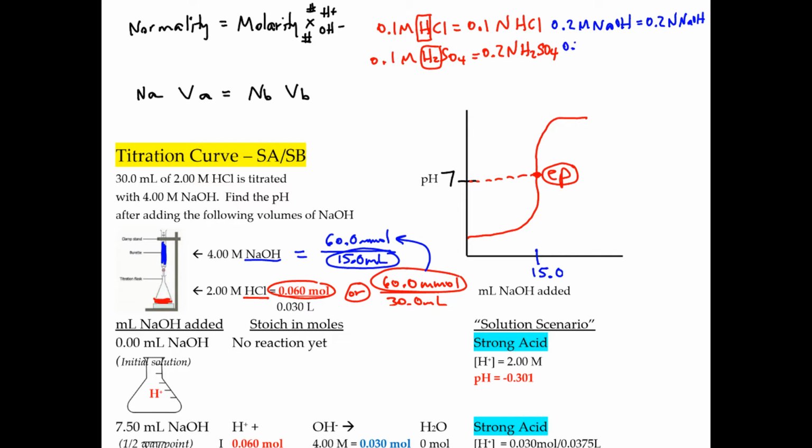But if you had a 0.2 molar calcium hydroxide, which has two OHs, that's going to be a 0.4 normal Ca(OH)2. Okay, so now we're going to move on to do our calculation and show you how that works.